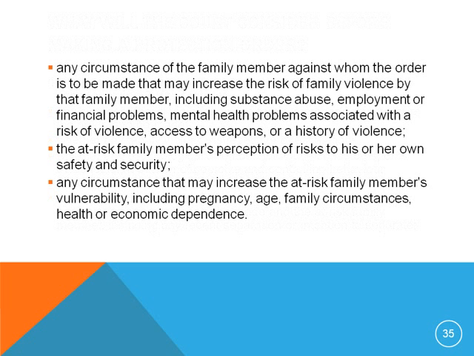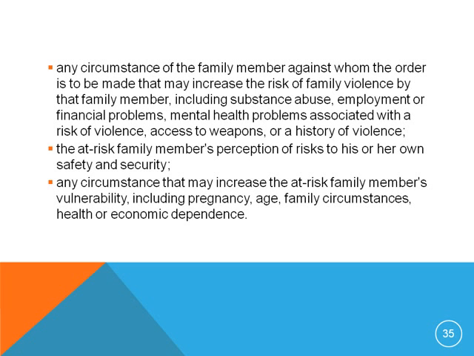So they'll also look at any risk that increases the risk of a family member for violence. If that family member has some substance abuse issues, is unemployed, has mental health problems, access to weapons, a history of violence, all these things are risk factors for someone who the order is going to be made against.